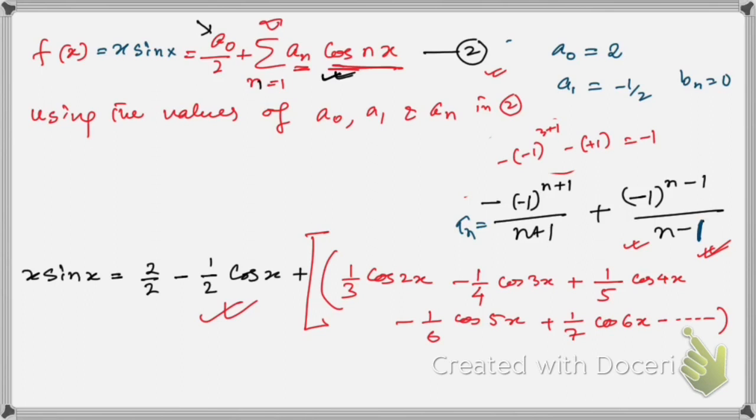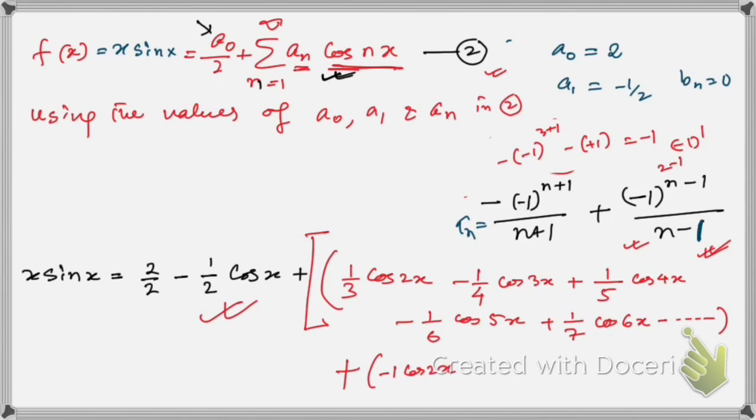If you put n is equal to 2 here, what are you going to have? 2 minus 1 is 1, so minus 1 to the power 1 is minus 1. So the first term we're going to have here is minus 1, then cos twice x, right?